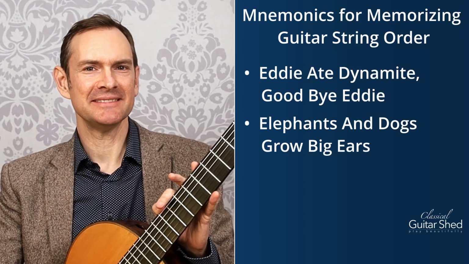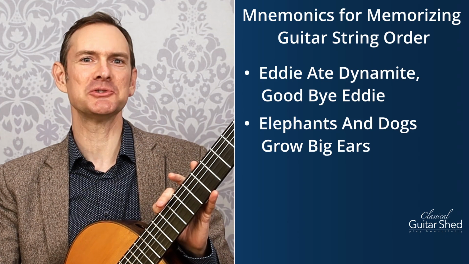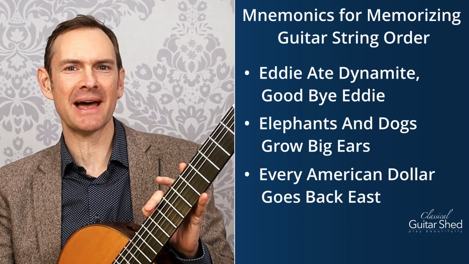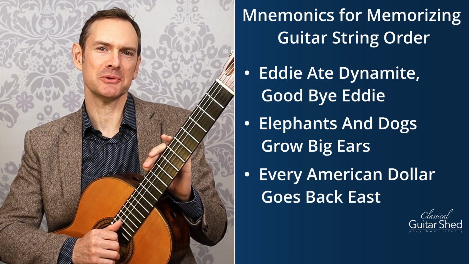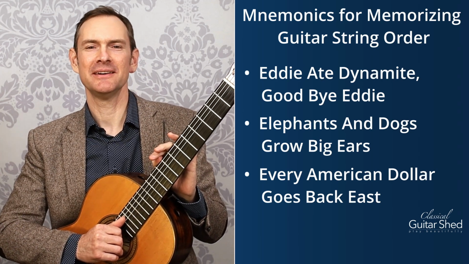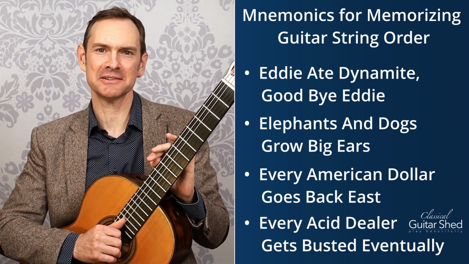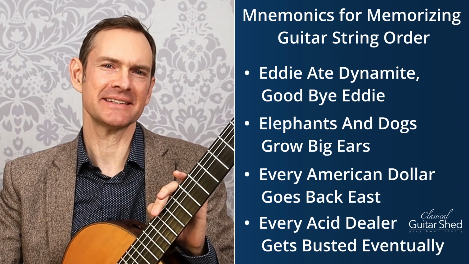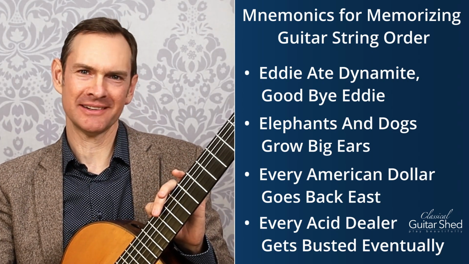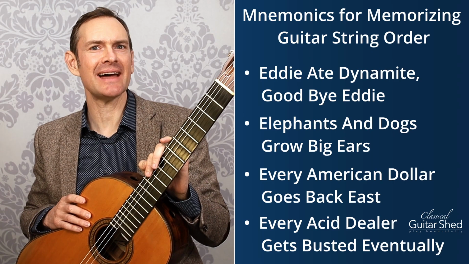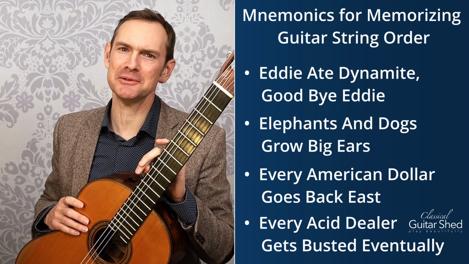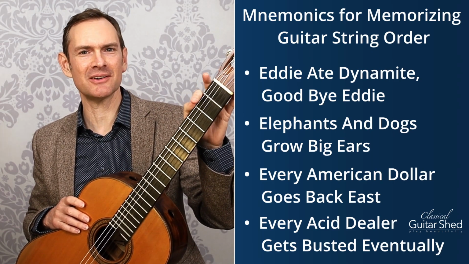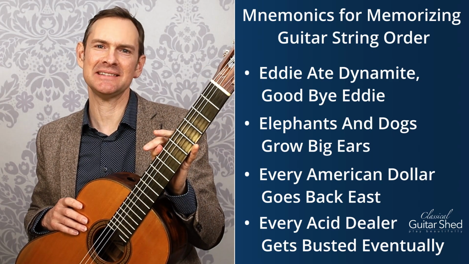Some of the gentlemen I've worked with enjoyed Every American Dollar Goes Back East. And if you're into a counterculture example, then we have Every Acid Dealer Gets Busted Eventually. That's not exactly true, but it's a way to remember it nonetheless. All right, so memorize that any way that you would like to, but it is great to know on the guitar, string numbers and E, A, D, G, B, E.